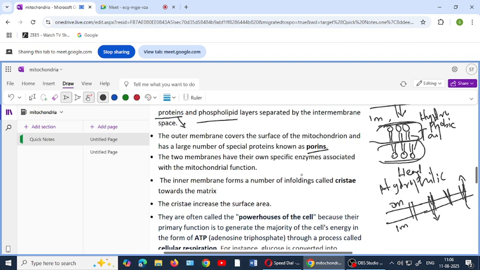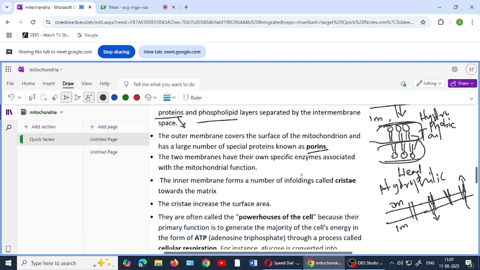So the outer membrane covers the surface of the mitochondrion and has a large number of special proteins called porins which facilitate the transport of what? Ions and electrons and some small molecules.